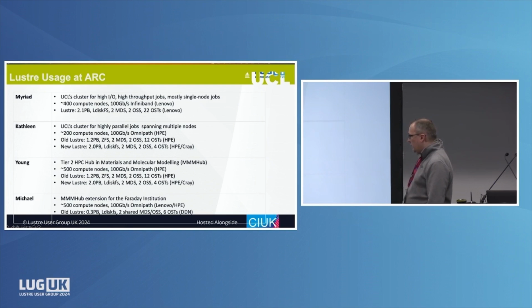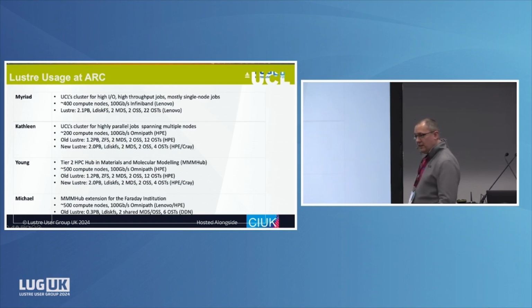And we also have Michael, which is also a system for the MMM hub with another 500 compute nodes, also using Omnipath 100 gig. So the old Lustre system is relatively small, just 0.3 petabyte on LDiskFS, running on DDN hardware.